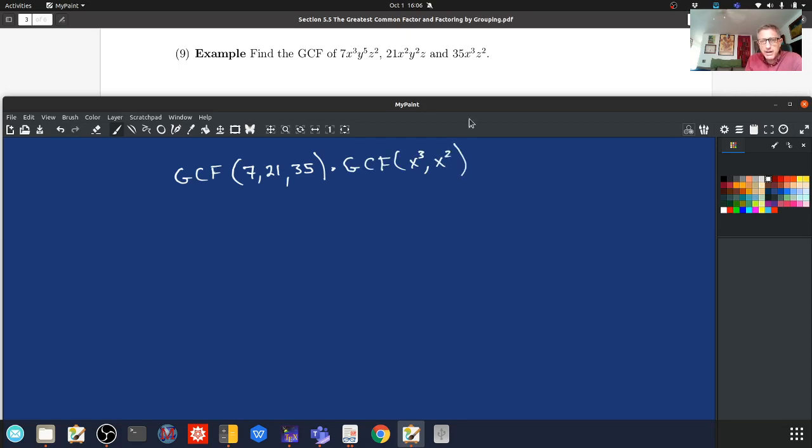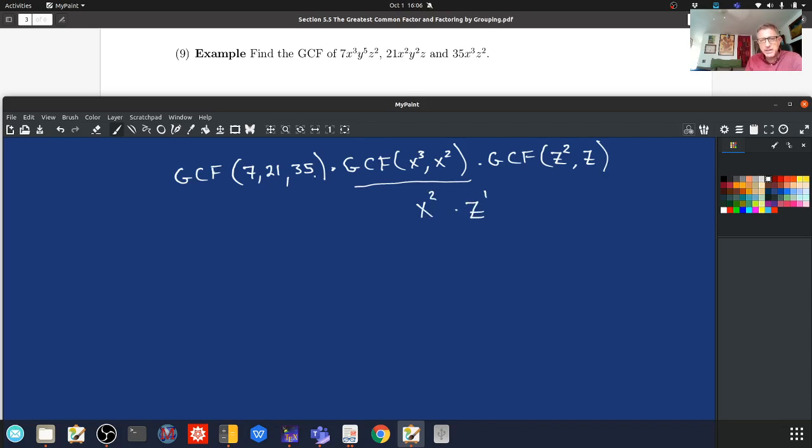I don't need to write that third x cubed, I already have it there. Does every term have a y term? Nope. Does every term have a z term? Yes, so I have to consider the GCF of the z terms, so that's z squared and z. This is the easiest part. You just take the smallest power. So the variable part is going to be x squared times z.